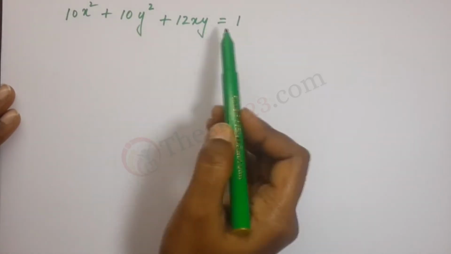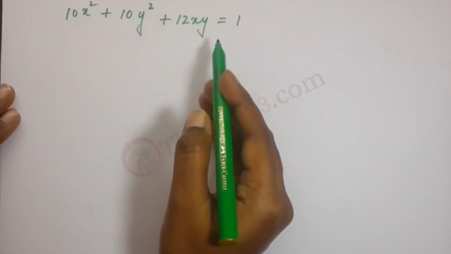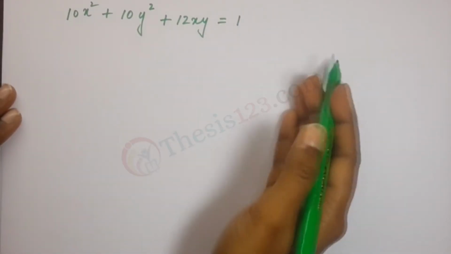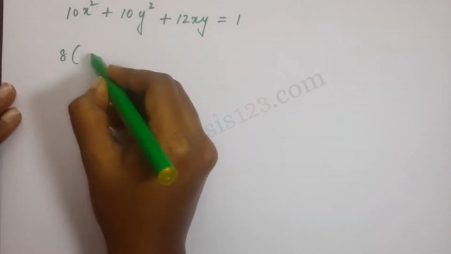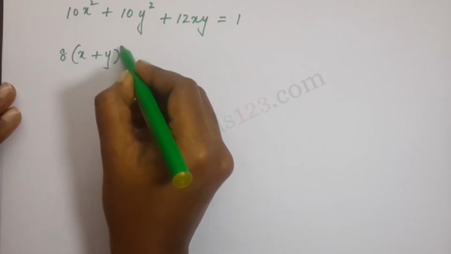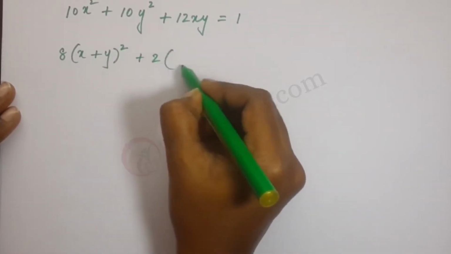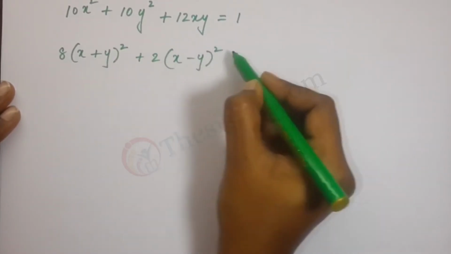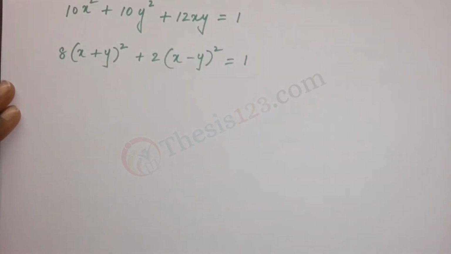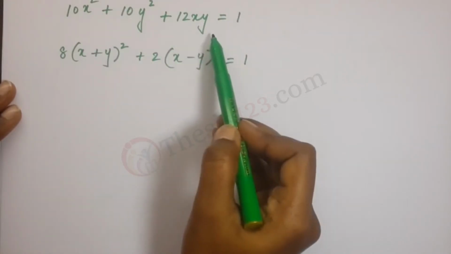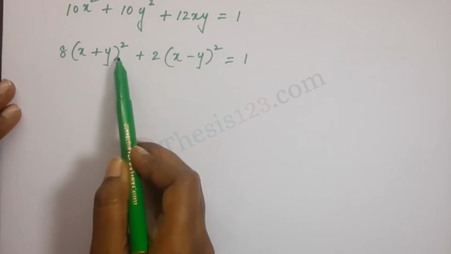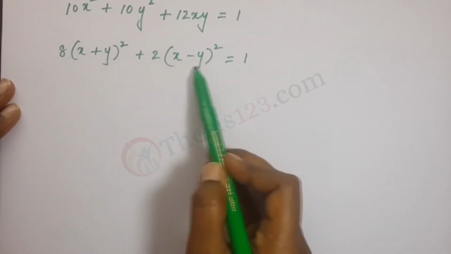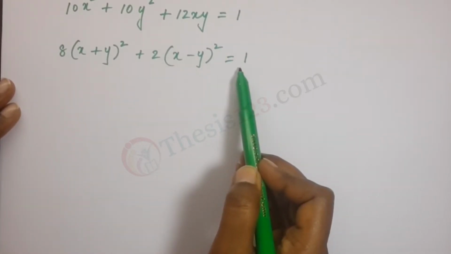Now, if we split this and rearrange it, we can write it in terms of x plus y and x minus y. We will get 8 into x plus y whole square plus 2 into x minus y whole square is equal to 1. That part of it, I will leave it to you. If you split it, add terms and subtract terms, you will be able to get 8 into x plus y whole square plus 2 into x minus y whole square is equal to 1.